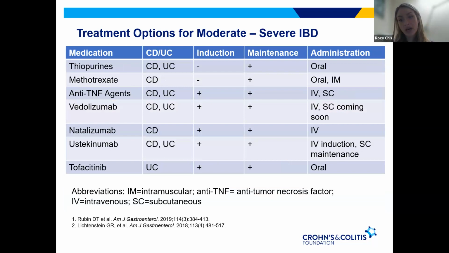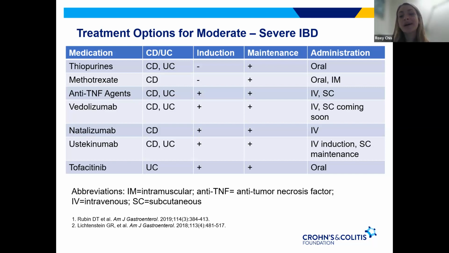And then we have the biologic medications. Like I said, we only used to have the anti-TNF agents for years and years. They were the only biologic available, multiple agents in that class, but the only class. And then in recent years, we've had different mechanisms of action for these medications.